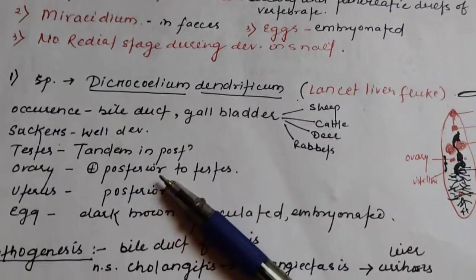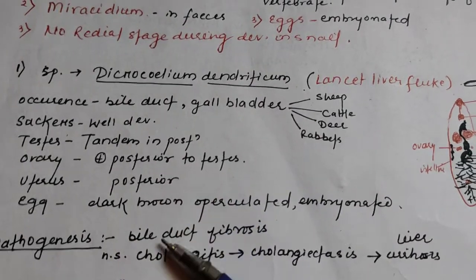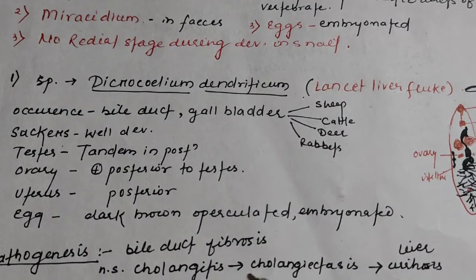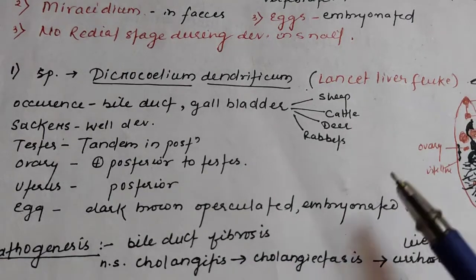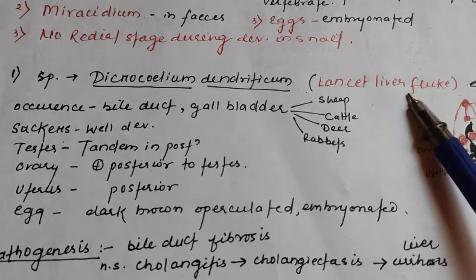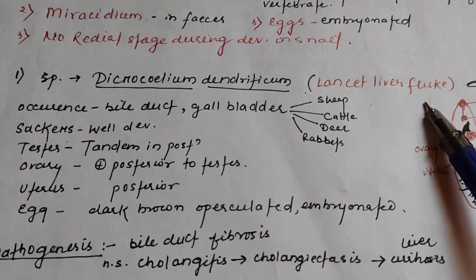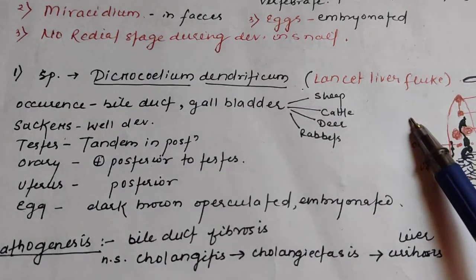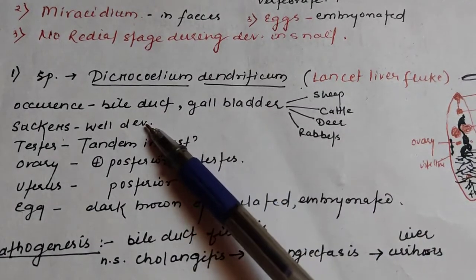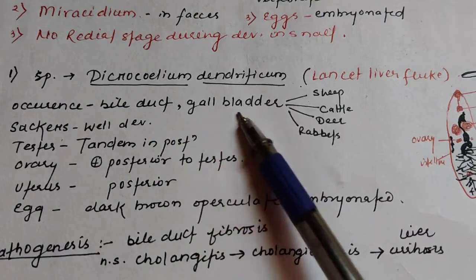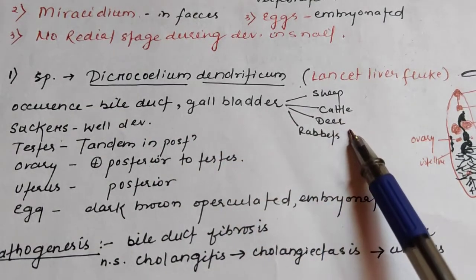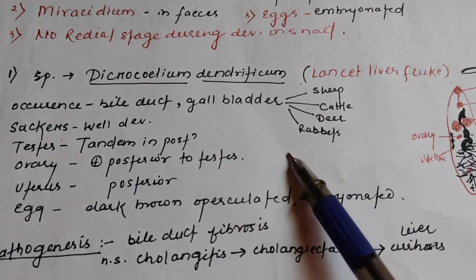Now comes the species Dicrocoelium dendriticum. It is also commonly known as the lancet liver fluke due to its lancet-like structure. It occurs in the bile duct and gallbladder of sheep, cattle, deer, and rabbits.